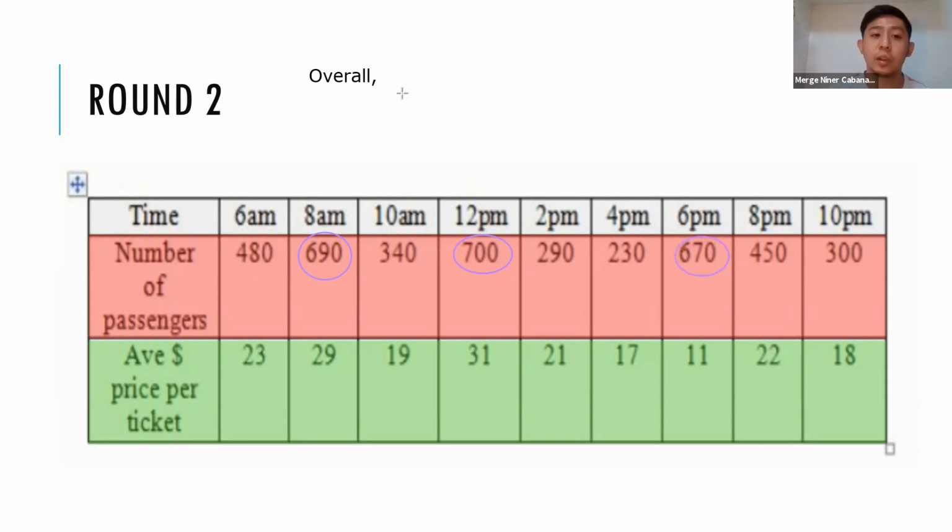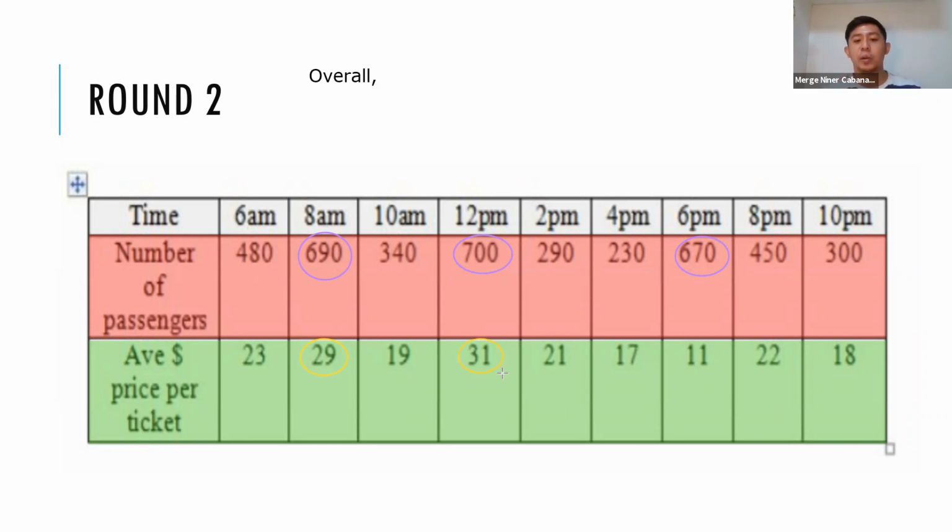Now, if you take a look closely, the pattern for your increase in number of passengers together with the increase of average dollar price per ticket are the same, okay? Because there's a peak of average price per ticket at 8 in the morning.